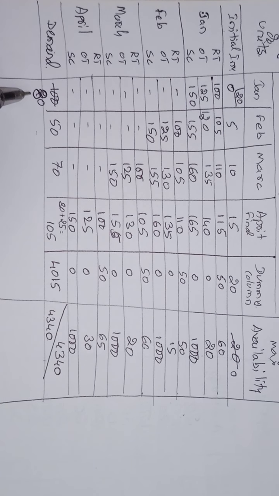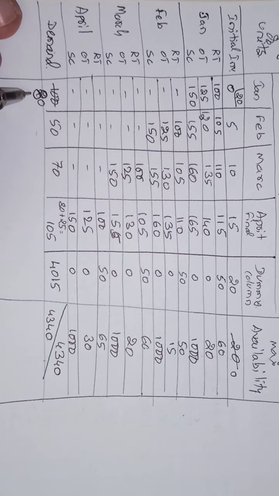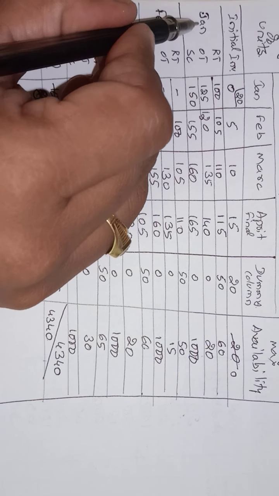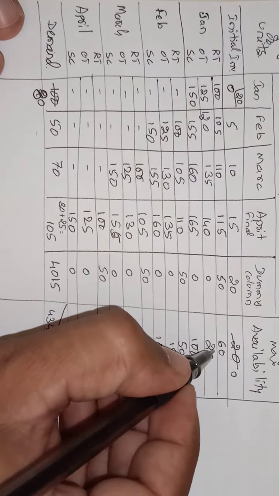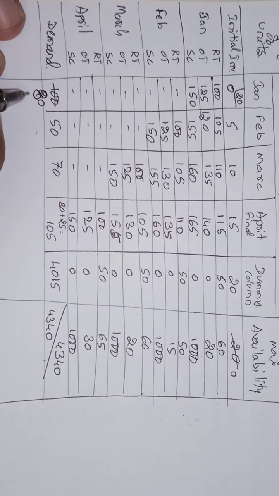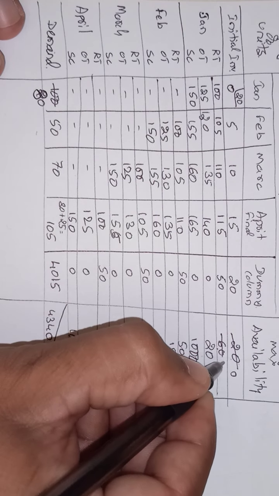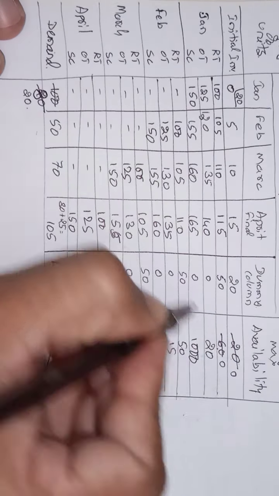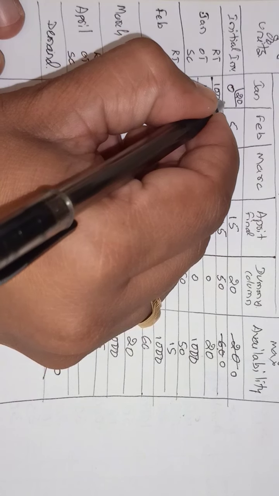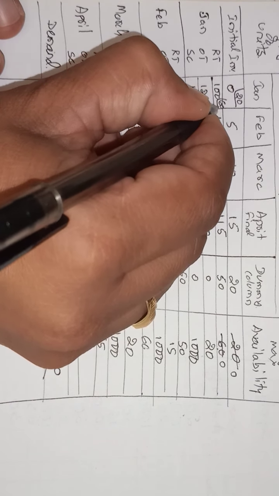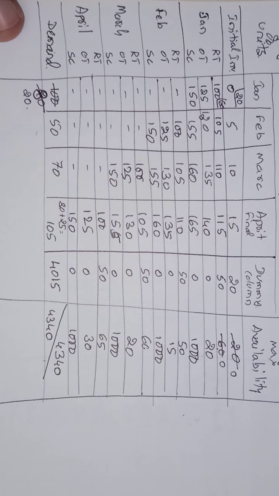Next, this 80 can be met by the regular time in the January period. From this regular time, how much quantity is available? 60. How much is needed? 80. So by using this 60, 80 minus 60 becomes 20, right? How much have we used here? 60. So in this case you should add a 60, right?